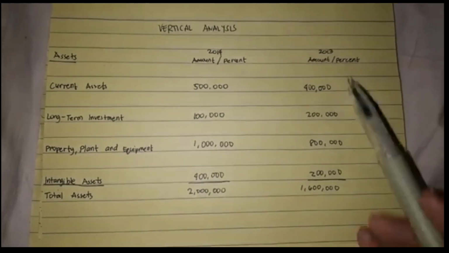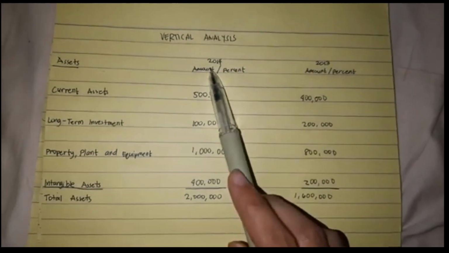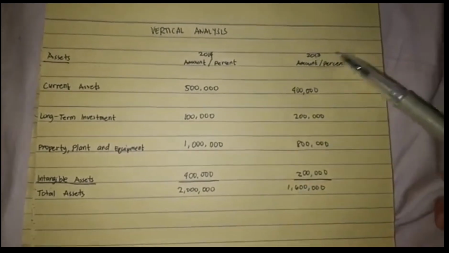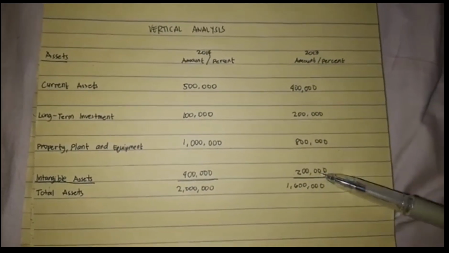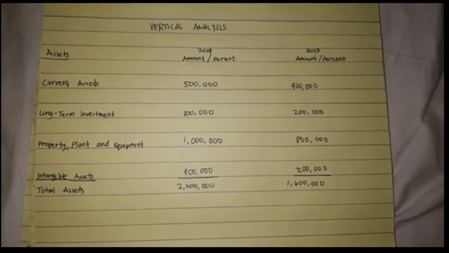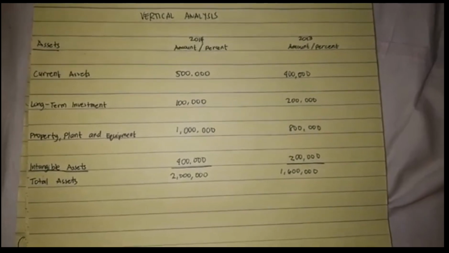As you can see, I have the 2014 and 2013 amounts in each of these categories here, and I'm primarily taking a look at the assets for this portion of the problem.